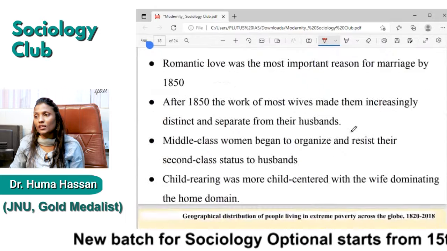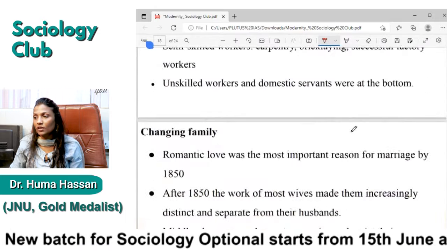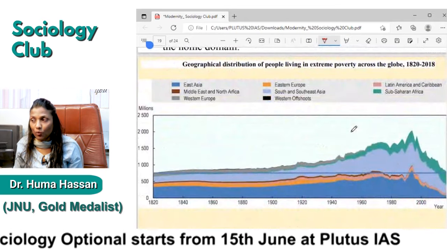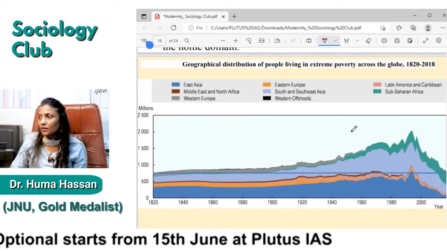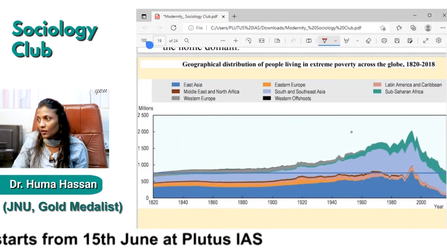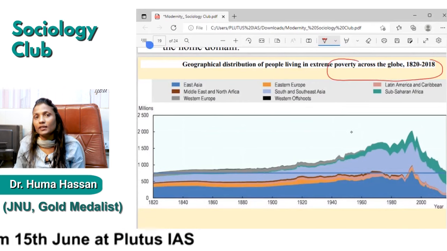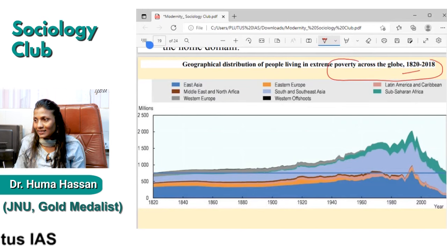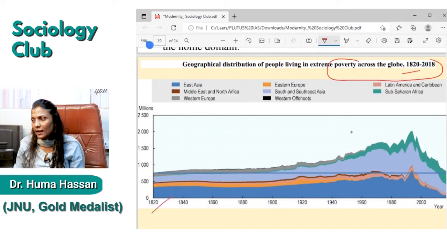Family structure got changed, employment got changed, and this is the data which I have brought. It shows poverty across the globe in the same period in which Industrial Revolution came up. You can see what type of poverty emerged in 1820, 1850, and so on.